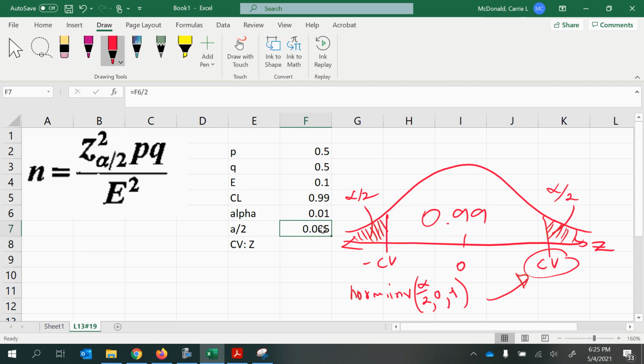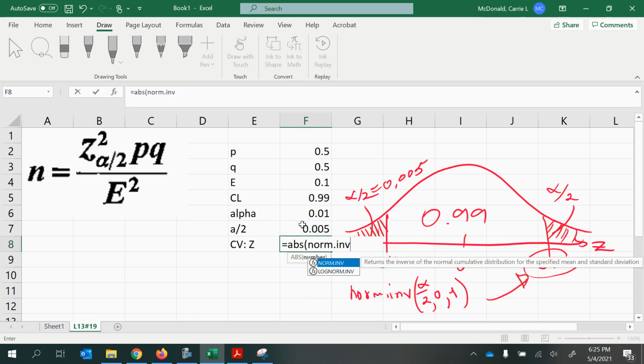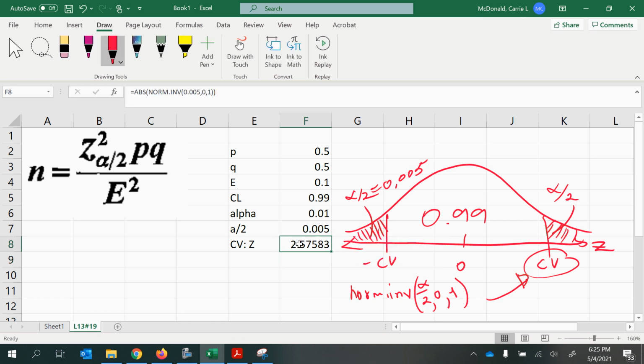We'll use that area to get the negative critical value, and we'll just make it positive by putting absolute value around it. We need norm.inverse. That's how we find a boundary with a known area to the left, and the area to the left is 0.005, mean of 0, standard deviation of 1, and we have our critical value.